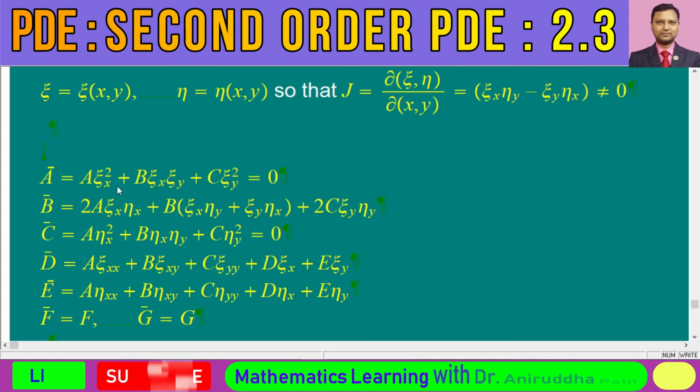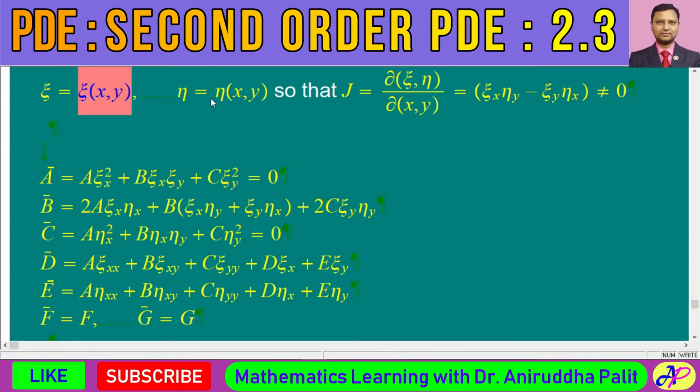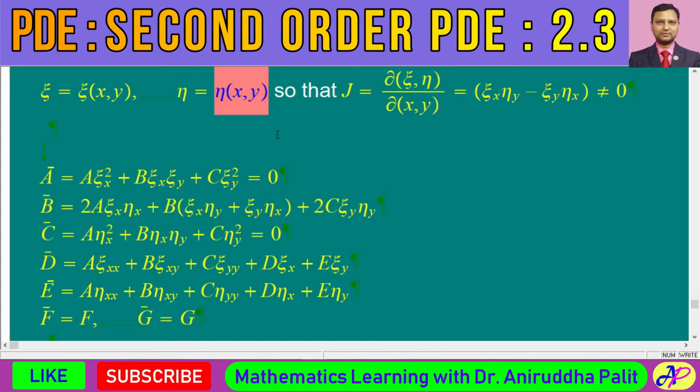So that was our target. You see, we wanted to identify the expressions of xi and eta. We did not know what the expressions of xi and eta were.